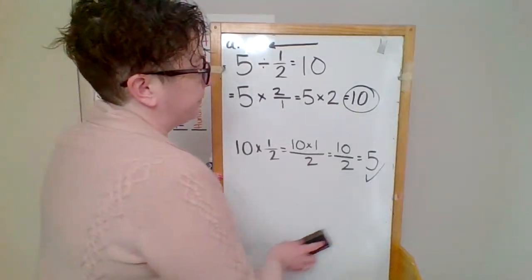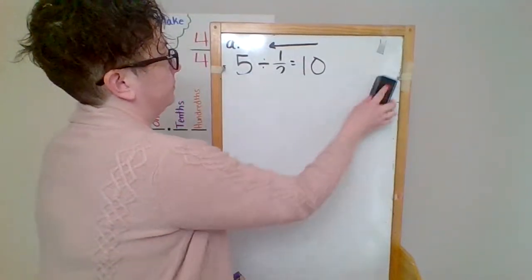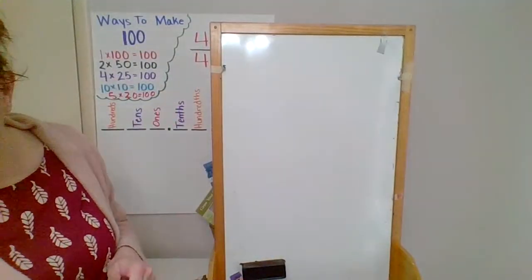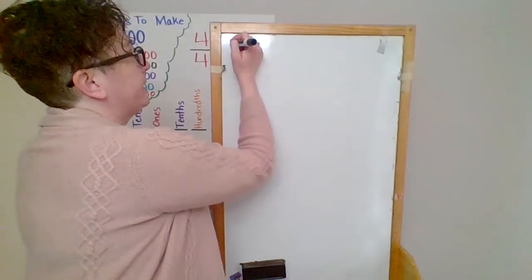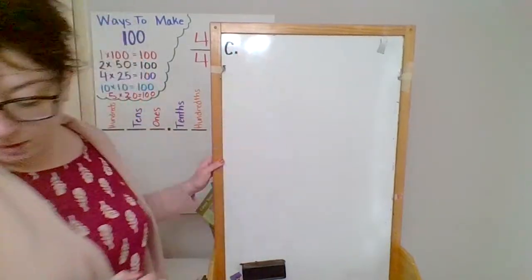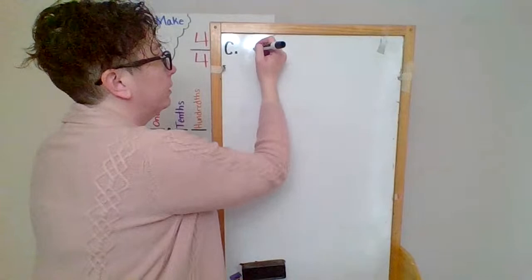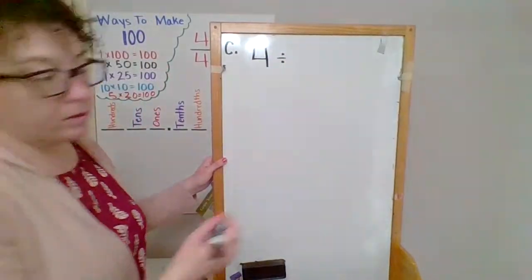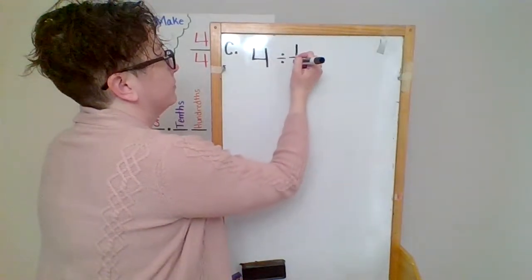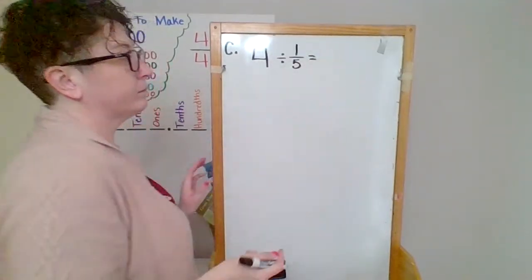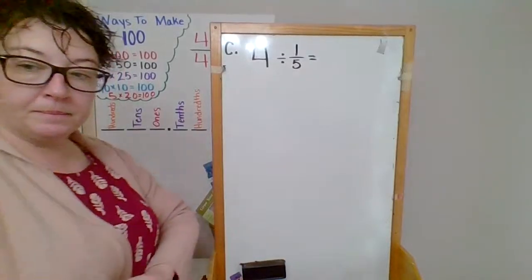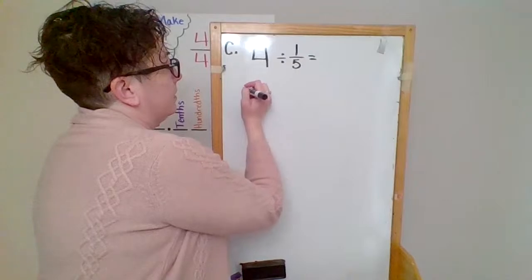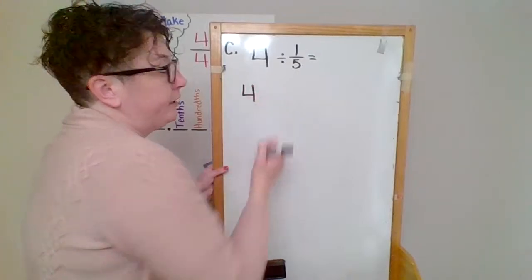Let's do another one. Let's do 2C. So I have 4 divided by 1/5. Okay. So again, the first factor doesn't change.